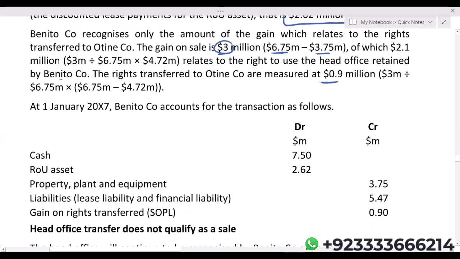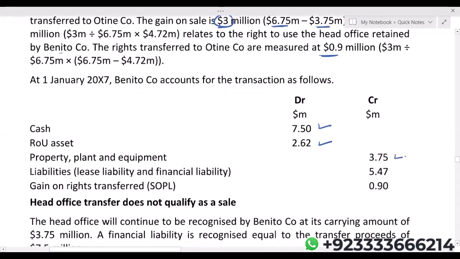Look at this. Cash, right of use asset, property, plant and equipment, what examiner says, lease liability and financial liability. What we did, we have separately shown the lease liability and financial liability. And we both got the same result. Simply the balancing figure is 0.9.